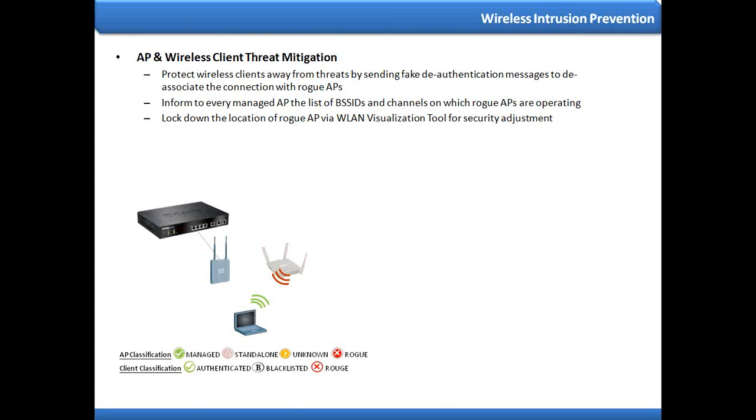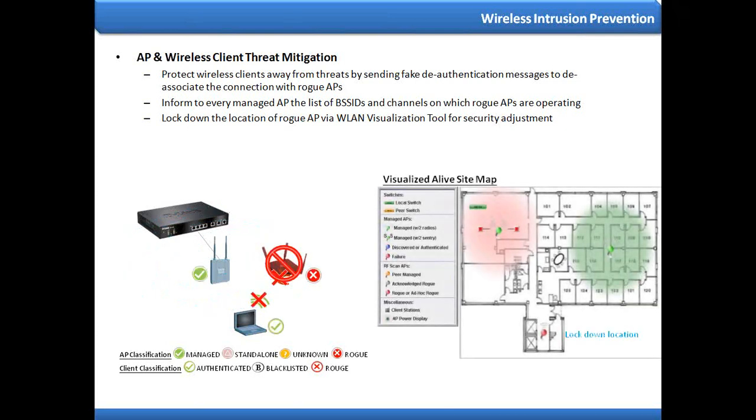But what do we do with them at that point? The wireless intrusion prevention, once it takes that list of access points or users that are not allowed on the network, can protect from threats by sending deauthentication messages to the access point to disconnect them from the network.